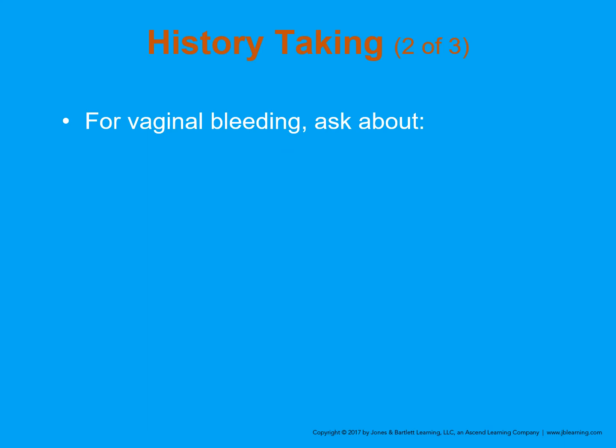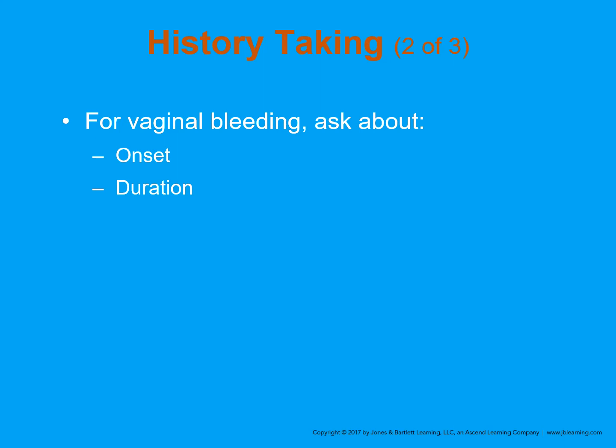With vaginal bleeding, we may also want to ask about the onset, the duration, when did it start, has it been steady, ongoing, has it waxed and waned, meaning has it come and gone.